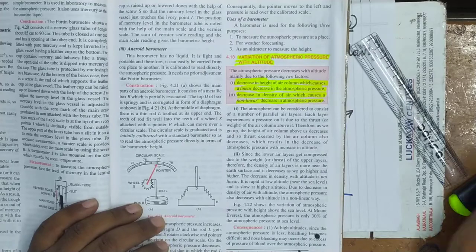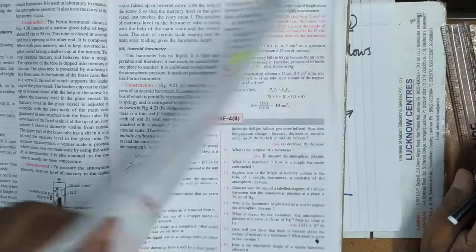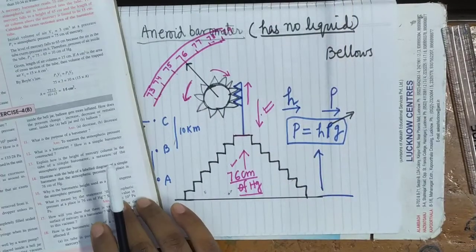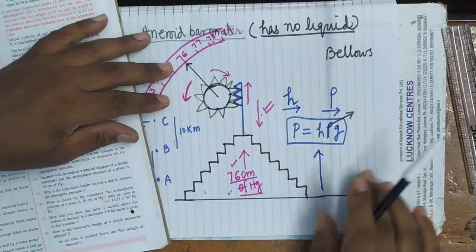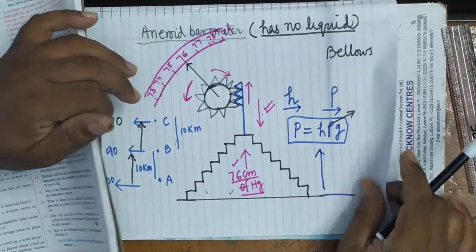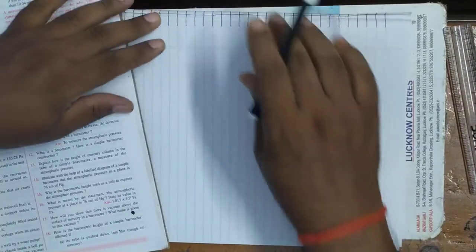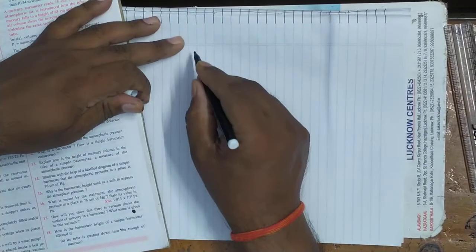Now see here, if we draw a graph of the variation in atmospheric pressure with height above the sea level, this graph has been drawn. So the graph will be like this.